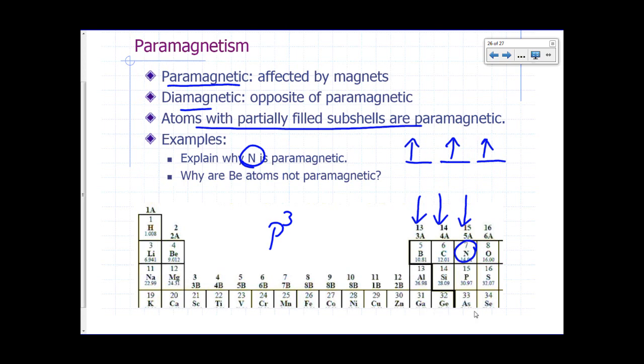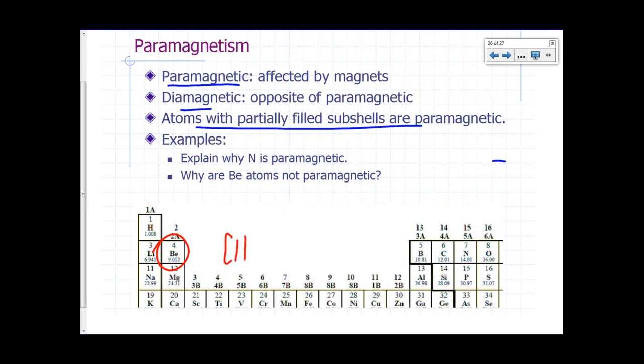Why are beryllium atoms not paramagnetic? Let's look at beryllium. Beryllium's over here. Okay, so what's the electron configuration for beryllium? Helium core, and then second row, that gives you 2s2. So in your orbital diagram for beryllium, you have 1s and 2s, paired up in the 1s, paired up in the 2s. You have no unpaired electrons. Beryllium is not paramagnetic.